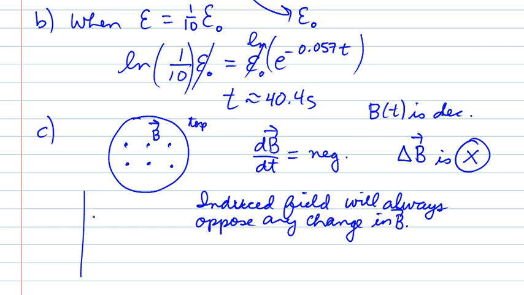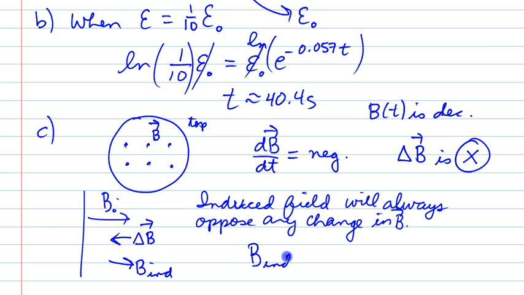If the field is, let's say it's coming straight out, we know it's not, but this is B initial, and what's happening to the field is that it's becoming less. In other words, the change in the field is into the page, which means that the induced field must come out of the page in order to cancel out the change.